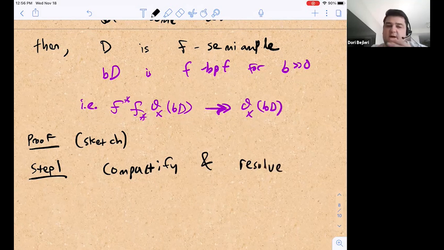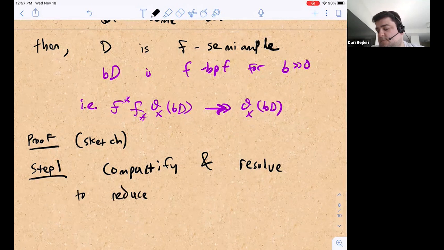So we'll compactify, extend our divisor to the boundary appropriately, and resolve our morphism so that we can reduce to the case where we have a morphism between projective varieties. So maybe step one is going to be the sketchy part of the proof.